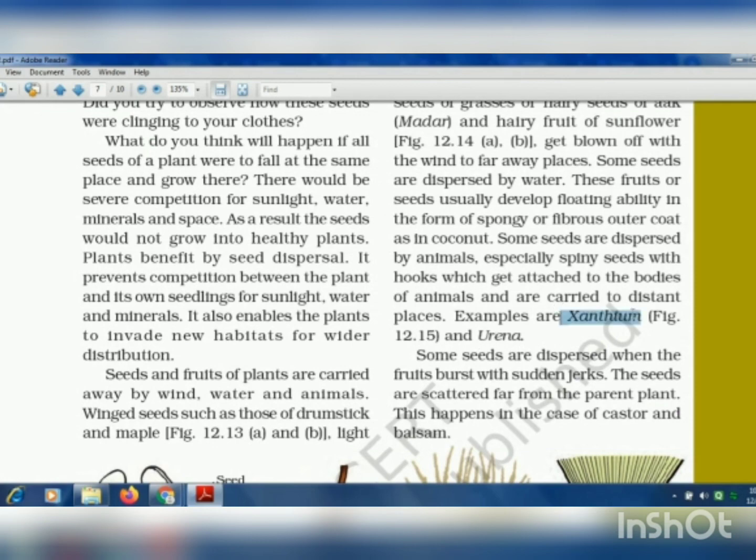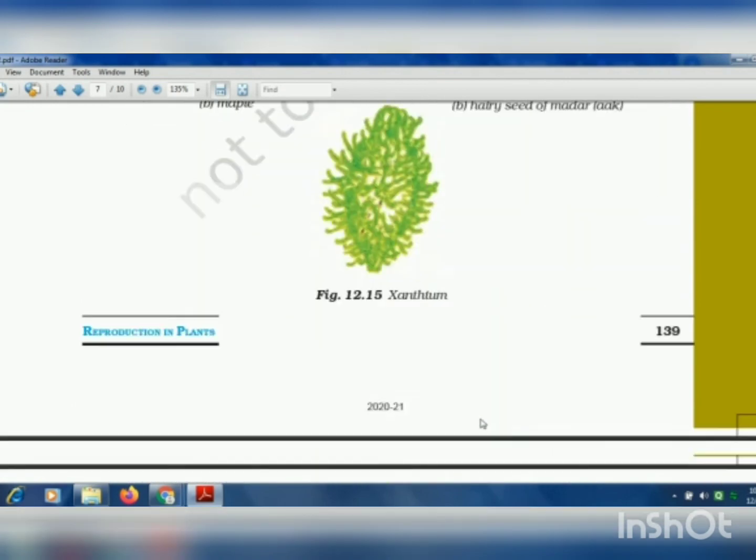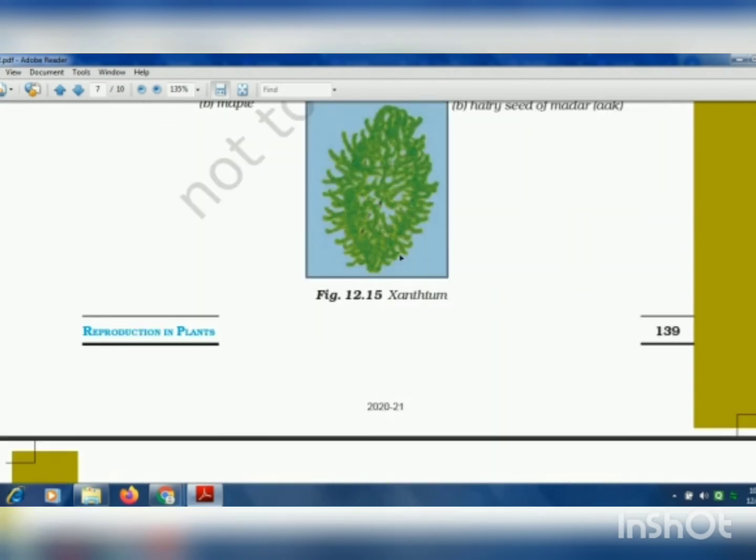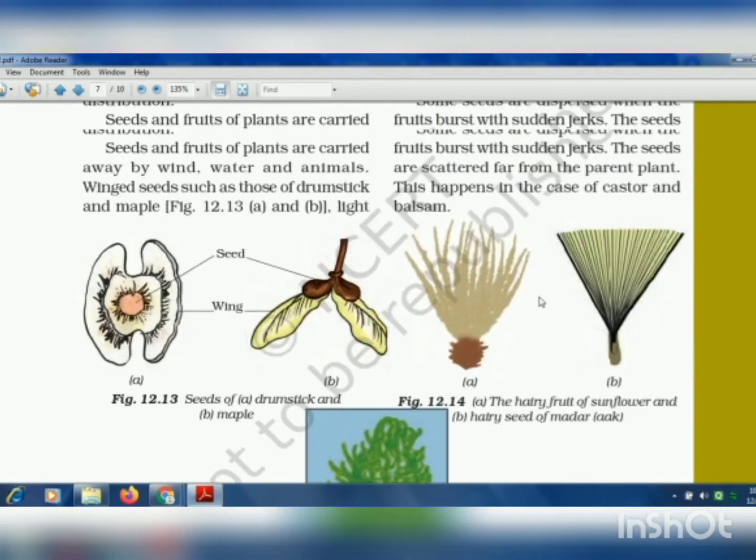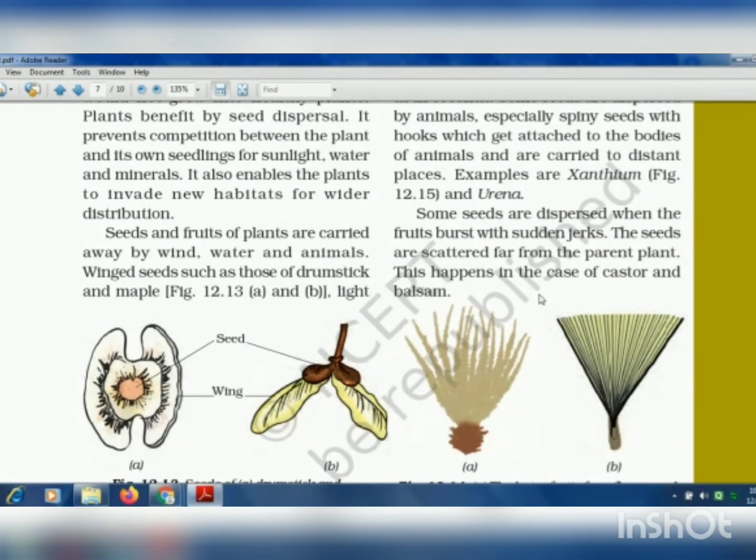Examples are xanthium and urena. Okay, this picture of xanthium is shown. You can see these hook-like structures or spiny structures which help in getting them attached to the animal's body.